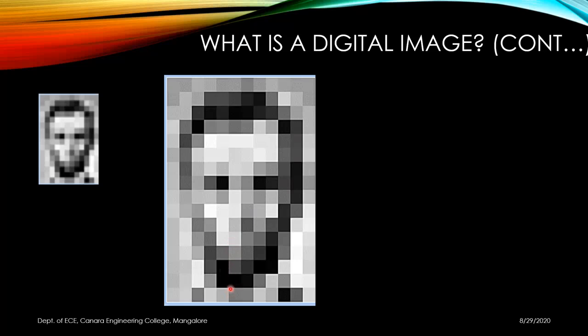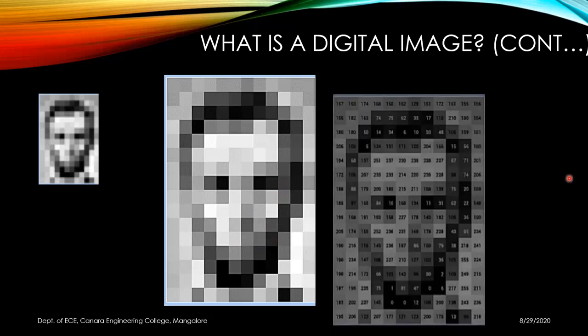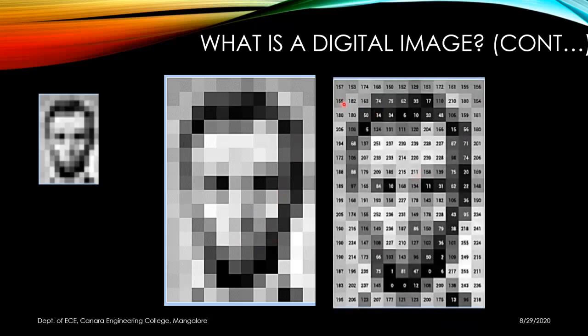This is for our vision, but what the computer actually sees is like this. The intensity is mapped to a particular number, and that is all that matters for the computer or your device. A bright pixel is represented as a higher value. For this example, we are taking 256 levels.